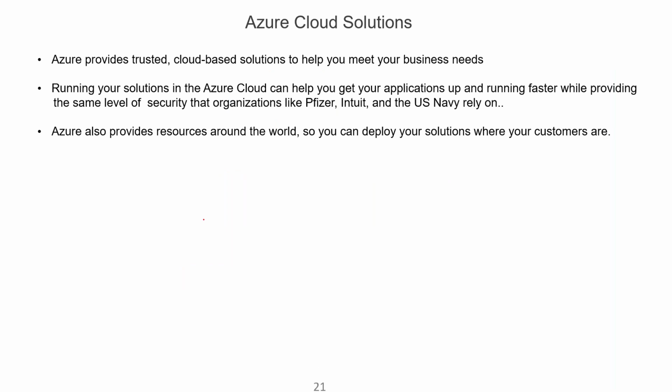So what exactly does Azure provide? Azure provides trusted cloud-based solutions which will help you meet your needs and run your services in the cloud, so you can get your applications very quickly. Say I want to build a web application or website and open it to the public, so anyone all over the world should be able to access it.